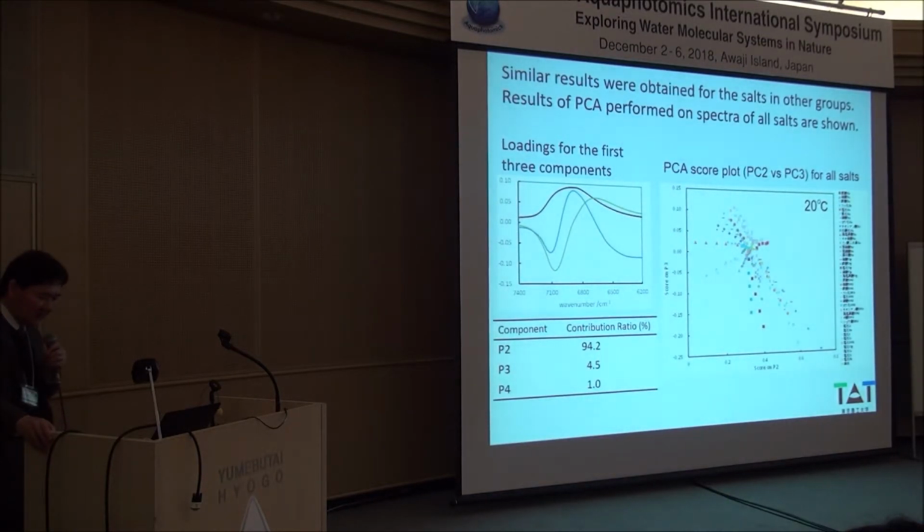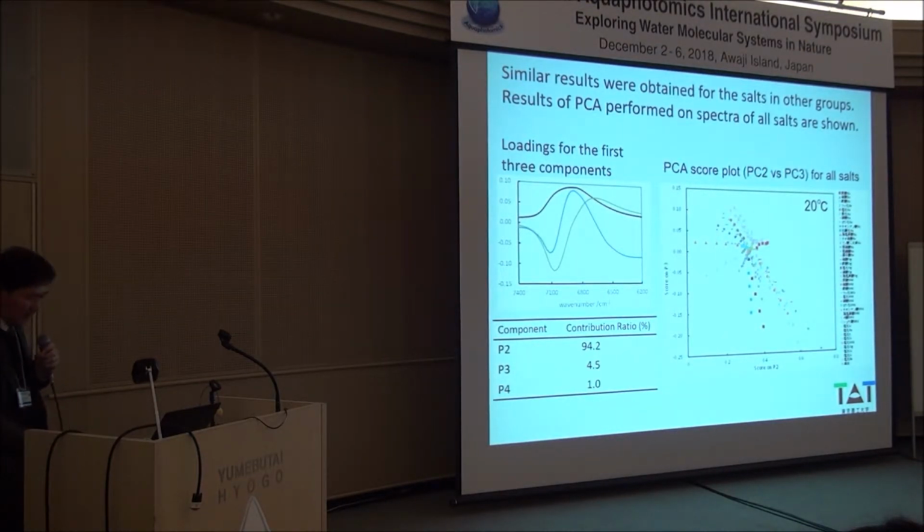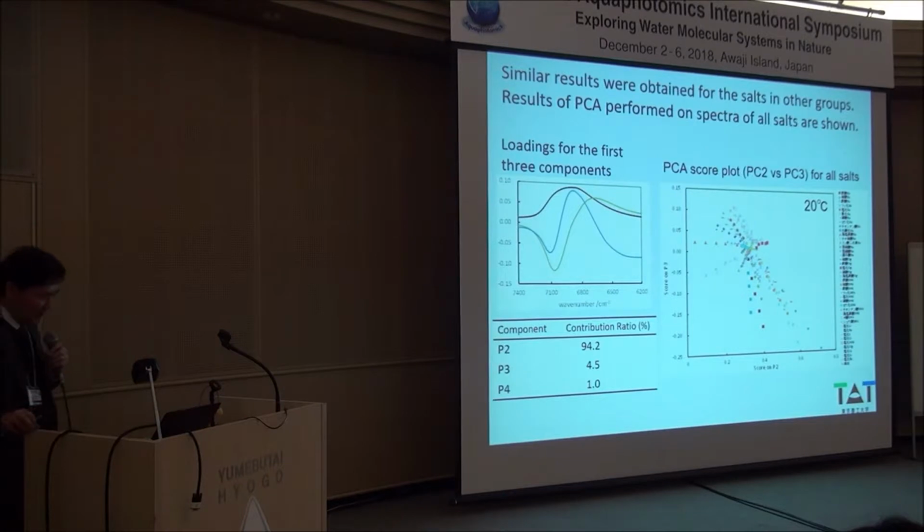Results of PCA performed on spectra of 42 salts are shown here. Approximately the same loading as for the sodium salts were obtained, even if spectra of 42 salts were included in PCA. About 99% of the observed spectral variations could be reproduced by the second and the third loadings.